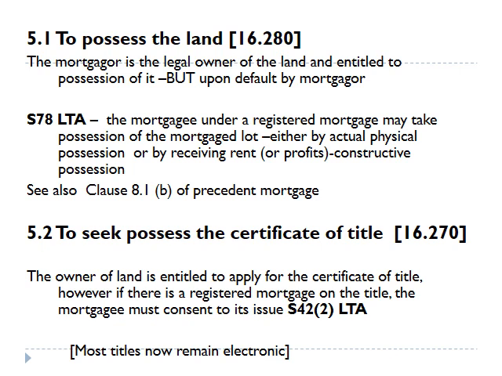So the mortgagee has no right to possession except upon default, and that right is normally contained in the mortgage itself, or if there is no right in the mortgage itself and it is a proper land mortgage, in other words, the land is properly charged, then Section 78 of the Land Title Act gives a mortgagee under a registered mortgage the right to possession on default.